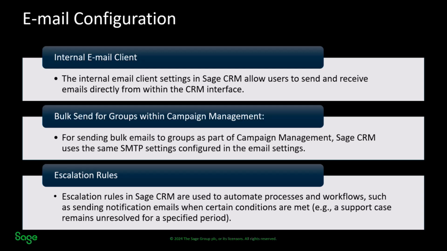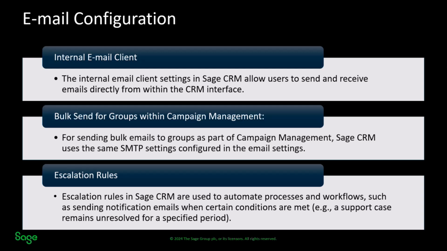So when you're dealing with groups or campaigns, that idea of sending out an email blast, that uses the same settings configured in the screen that I've just looked at. Escalation rules as well can send out emails, and those escalation and notification rules all rely on the settings in the screen that I've just looked at as well.